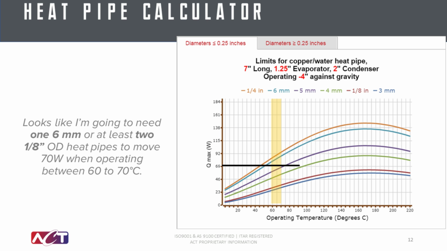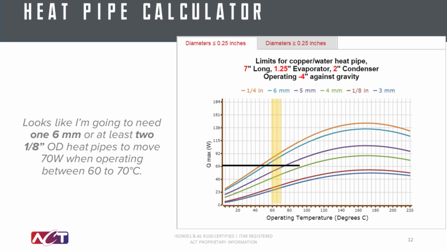So if we call up the previous example where we want to move 70 watts of waste heat operating between 60 and 70 degrees C, what we'll find is that between 60 and 70 degrees C, it looks like one 6-millimeter heat pipe, so that's the blue curve above the 70 watt line, or two 1/8-inch, which is the red line significantly below, will make up the total amount of power required to carry that 70 watts.